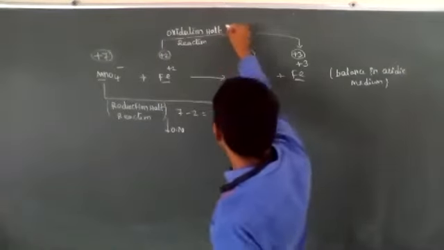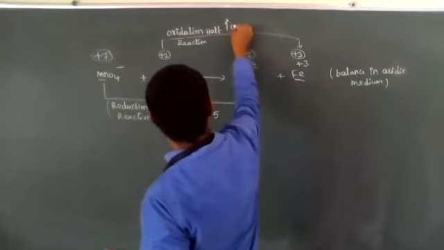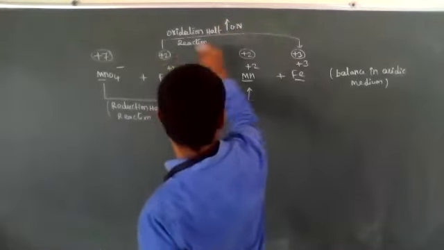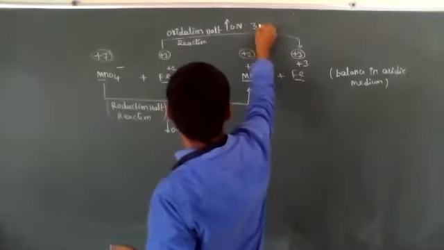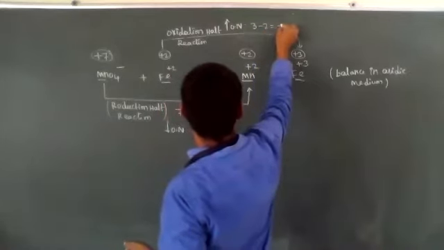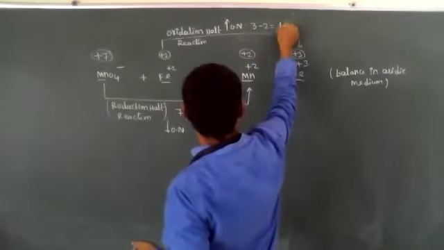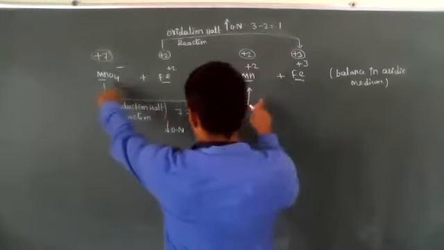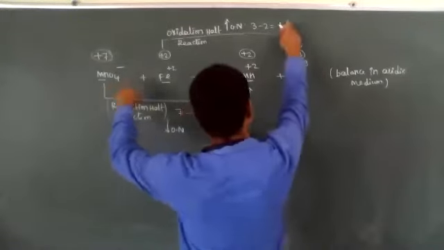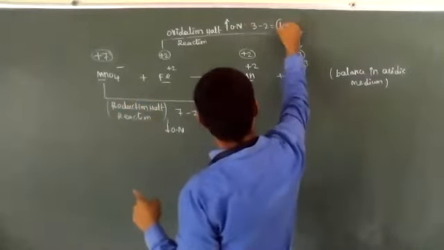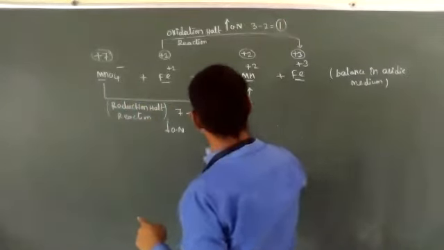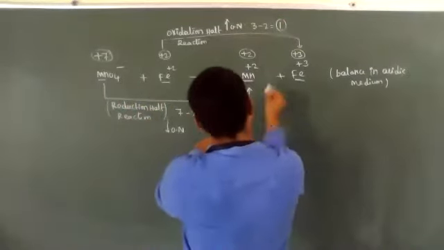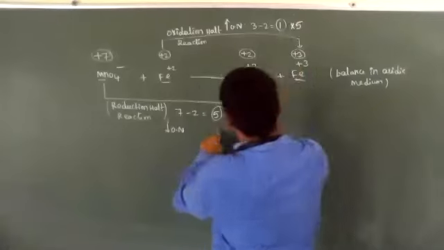And here, how much is the oxidation number increased? 3 minus 2 is equal to 1. 1 unit of oxidation number is increased. So this half reaction I have to multiply with 1, and this one with 5. So this I multiply with 1, this I need to multiply with 5.